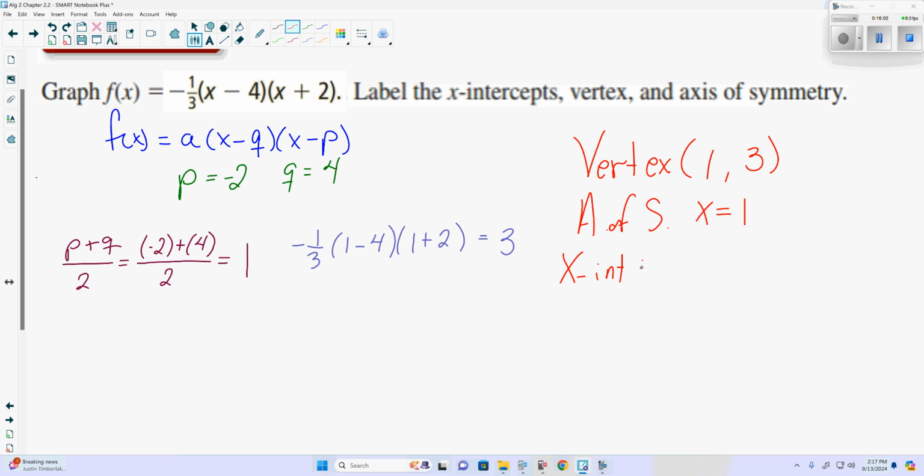The x-intercepts, p comma 0 and q comma 0. So our p values are negative 2 and 4. So these we're just using the p and q at the top. Yeah. 4 comma 0 and negative 2 comma 0. Doesn't matter the order, as long as we have them both.